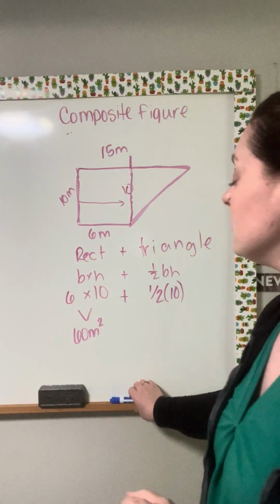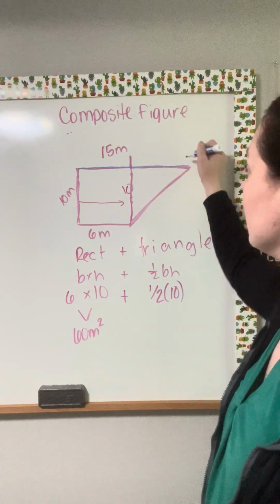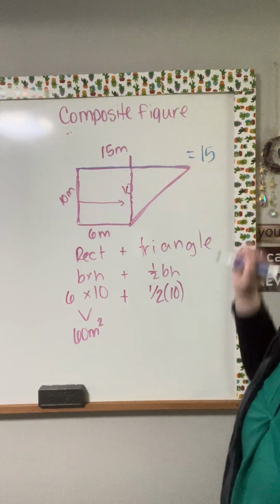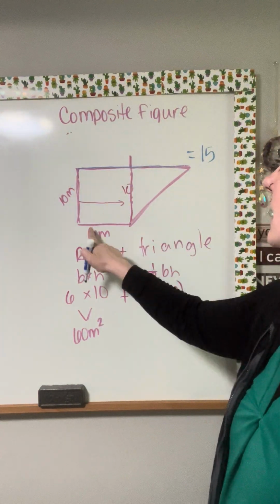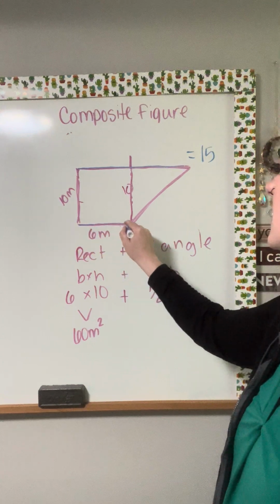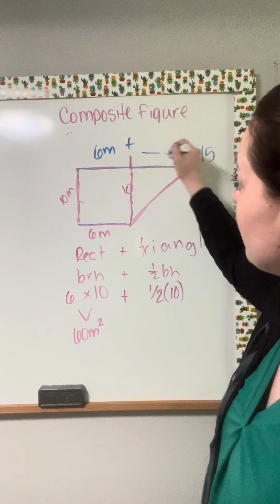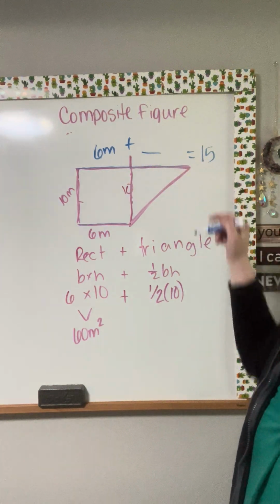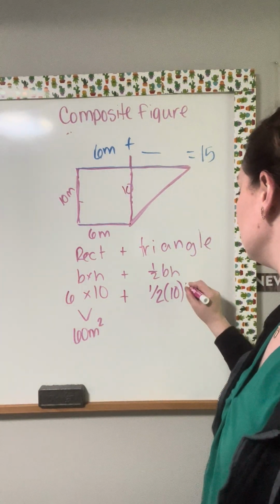So all you need to understand is that from here all the way to here, that equals 15. Okay, from here to here, remember what I said about rectangles? This is the same as this. So 6 plus whatever this is equals 15, and that is 9.